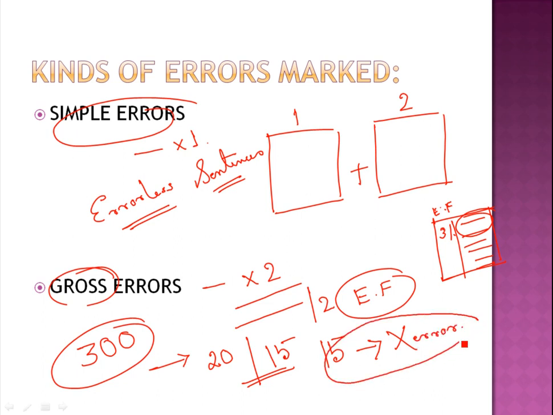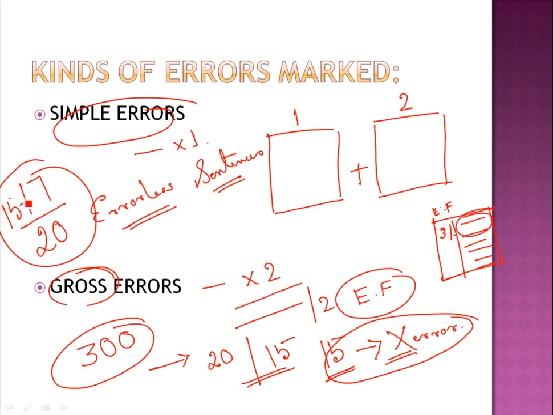If you can manage to give such a composition where all 15 sentences have no error, you can easily get at least a 17 out of 20. Let me say 15 to 17 out of 20. You can end up getting 15, or 16, or 17.